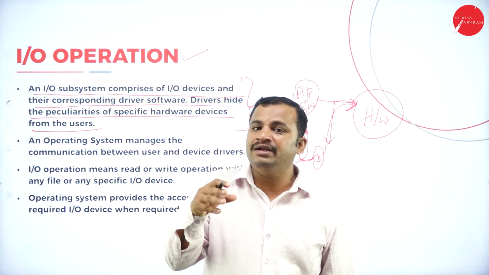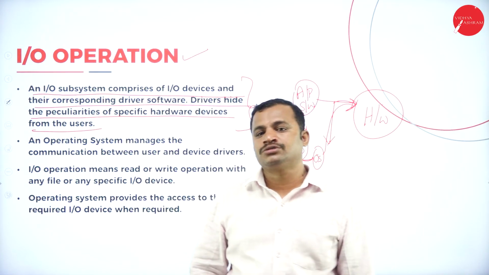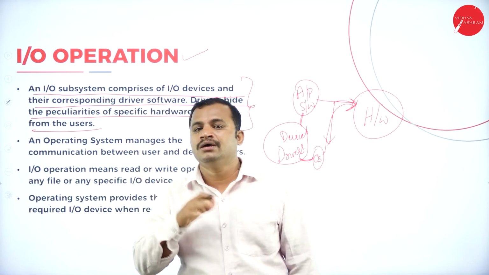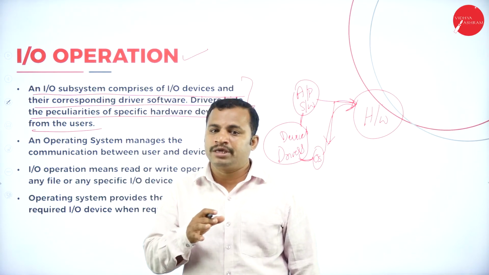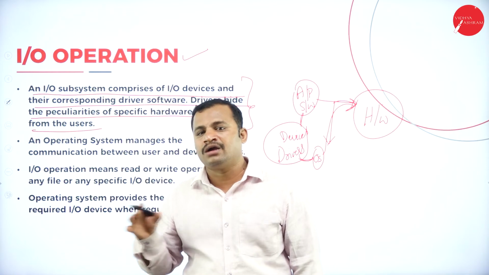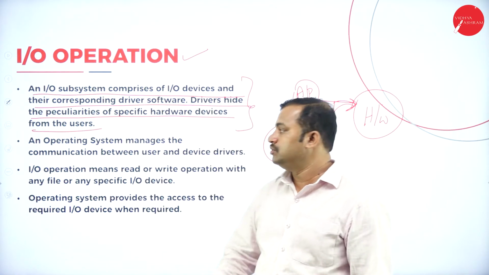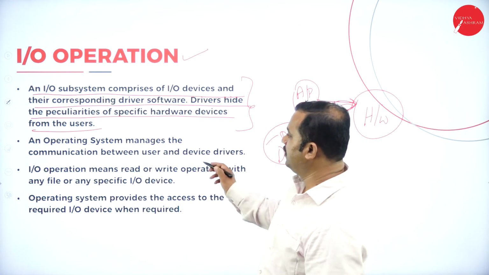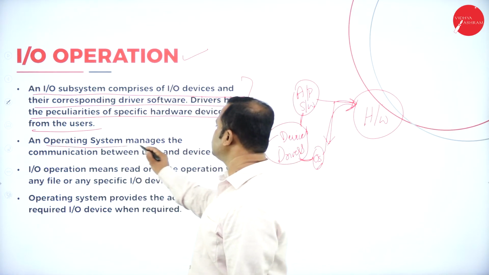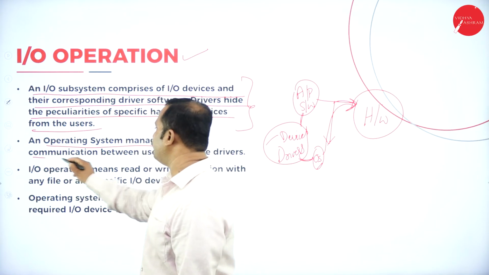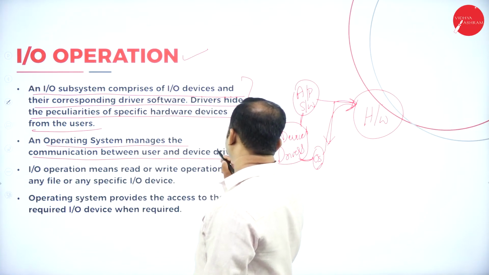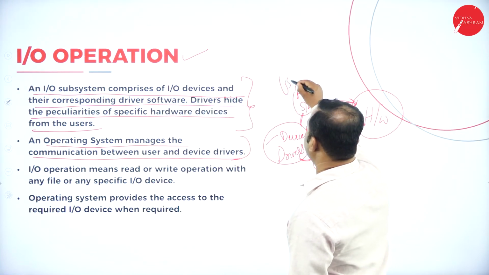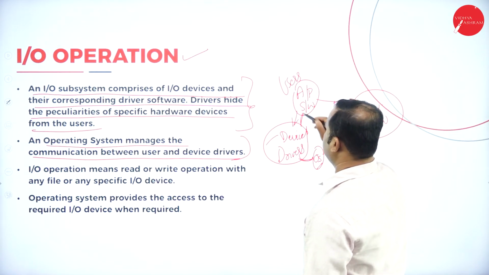The device driver in turn communicates with printers. So this is how the communication channel is established between the application software and the hardware devices through device drivers and operating systems. An operating system manages the communication between the users and the device drivers.